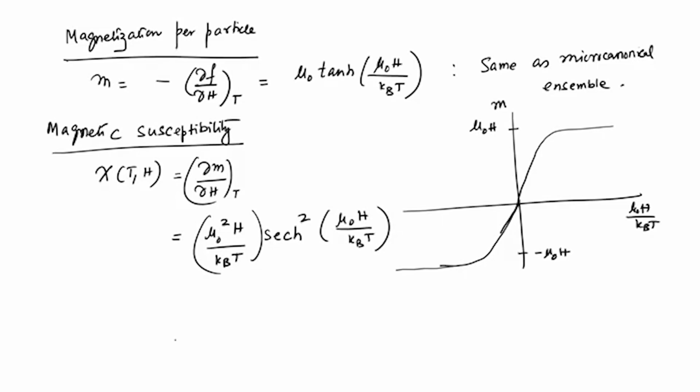Sec hyperbolic square is nothing but 1 by cos hyperbolic square. So, you have seen cos hyperbolic x as e to the power x plus e to the power minus x by 2.